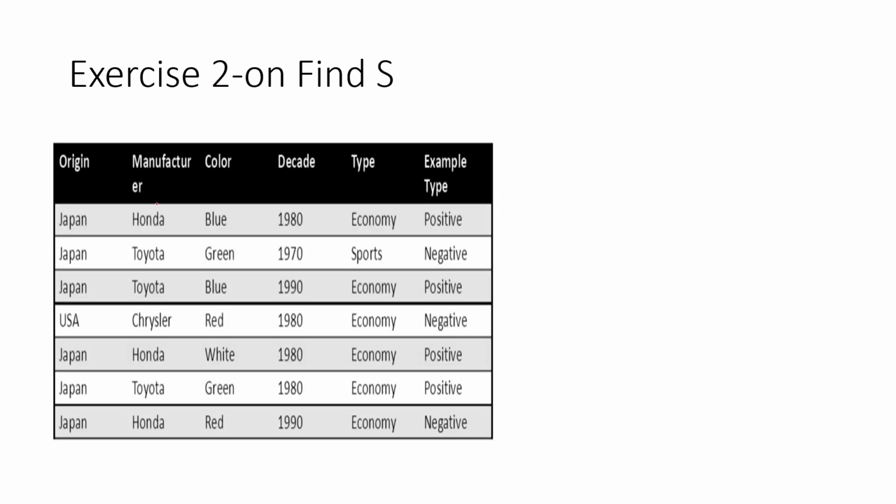One more example, the data related to car manufacturing. It has five attributes: origin, manufacturer, color, decade, and type. The example could be yes or no, positive, negative, like that. So initialize H0, that is phi, phi, phi, phi, and one more phi.